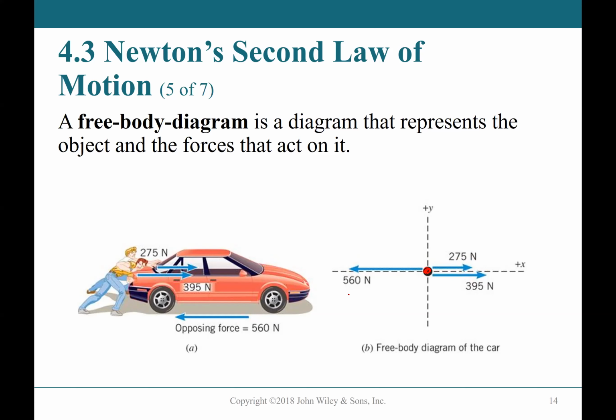It's the contact force between the car and the surface, which is really a normal force, but we will look at that later. It's the frictional force, which is a component of the normal force. So anyway, we have the sum of these forces moving in the positive direction, and this is my opposing force. So this free body diagram is just a useful way to identify the forces acting on the object.